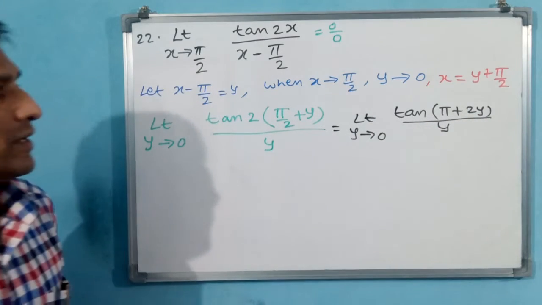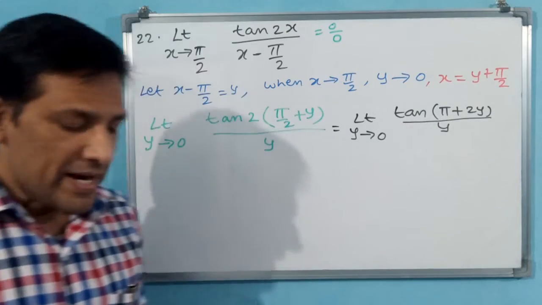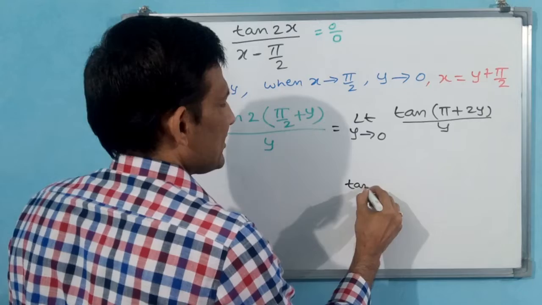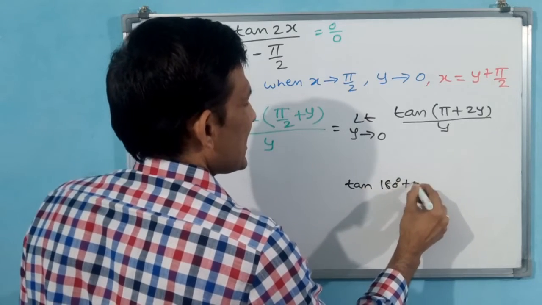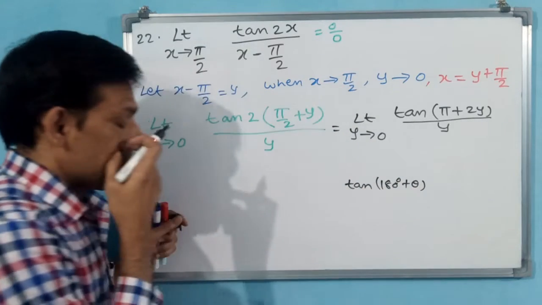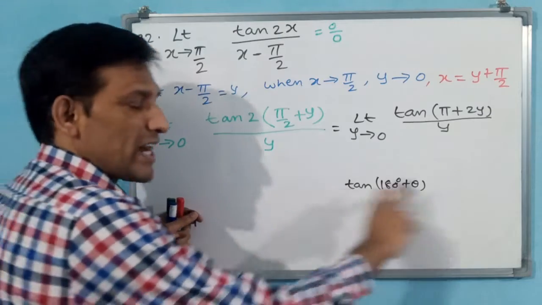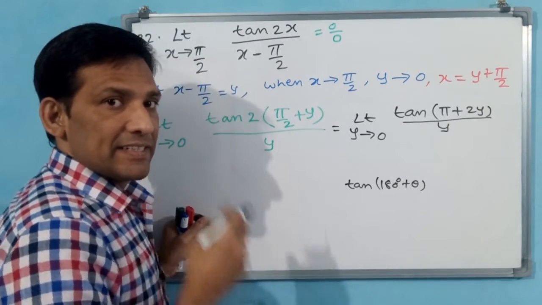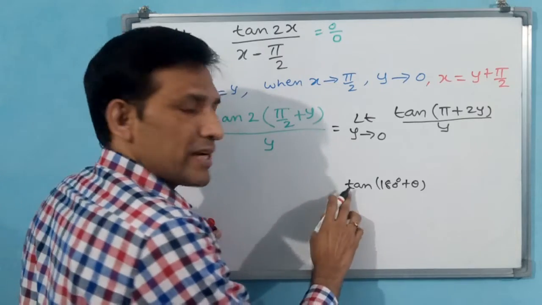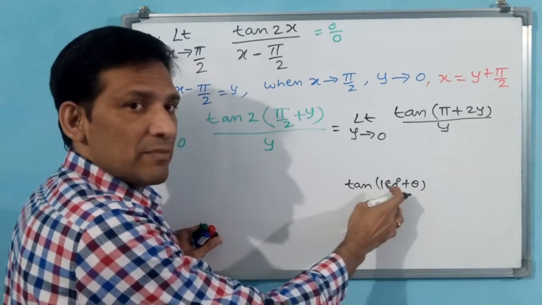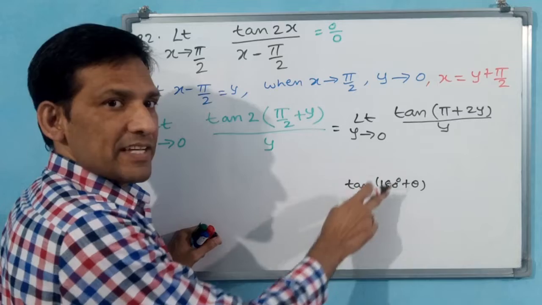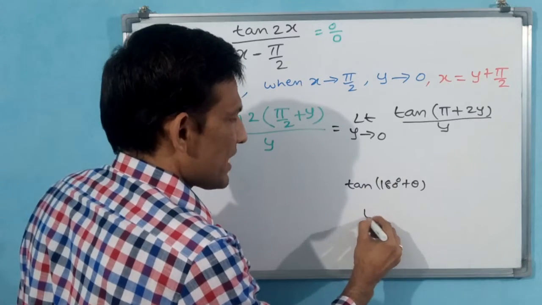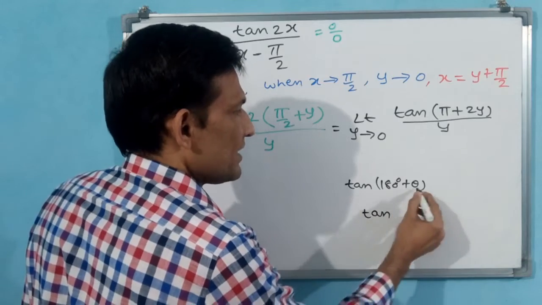One thing. See here, tan of 180 plus theta, how much? 180 degrees is a horizontal angle. Horizontal angle means the same function will come, tan means tan. If it is a vertical angle, 90 or 270, then tan is going to become cot. But 180 is there, so same tan only will become, tan theta only.